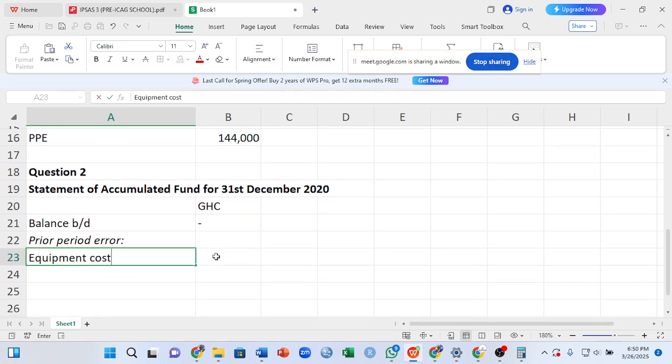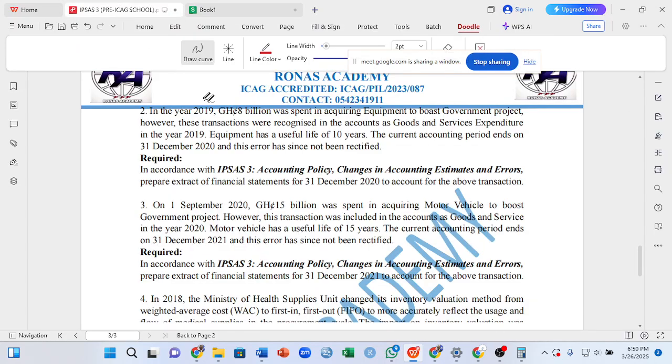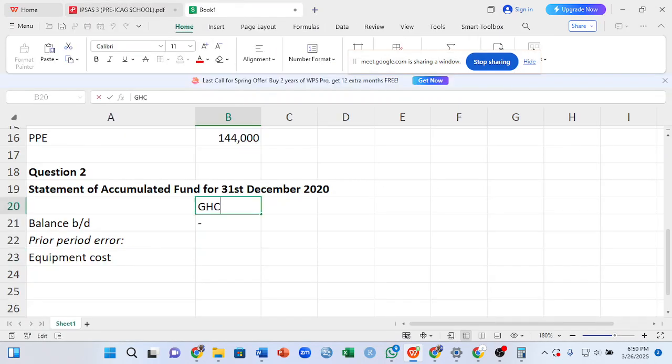Now, we have to correct this error, the equipment cost, which was 8 billion. Let me bring million on top so that I can bring 8,000 here. This 8,000 will correct the error in the statement of accumulated fund. You should be able to identify whether we are to add the 8,000 to the balance of accumulated fund or deduct it.